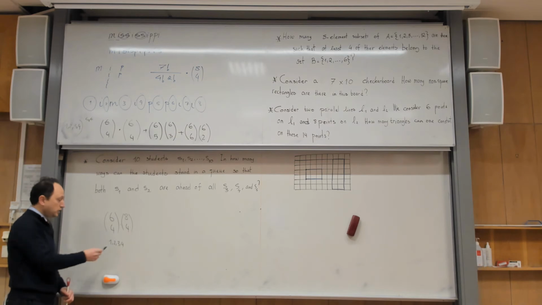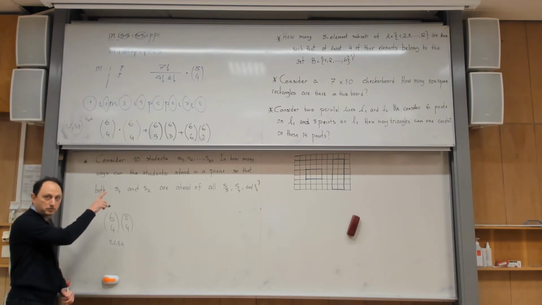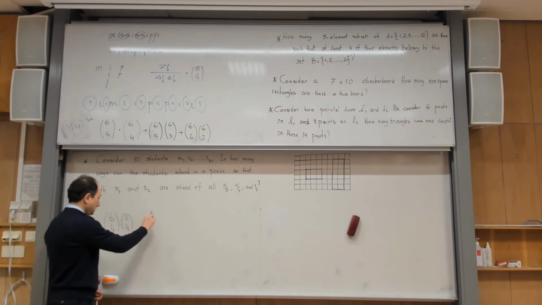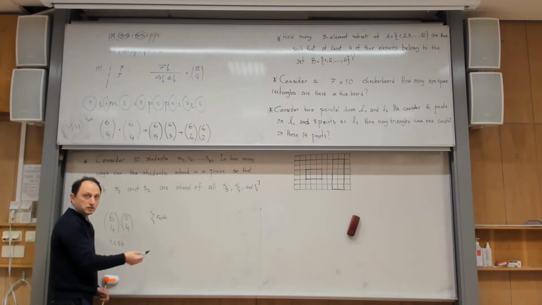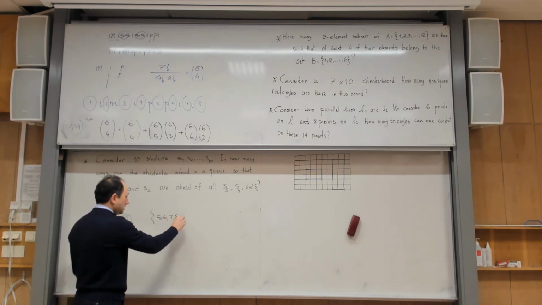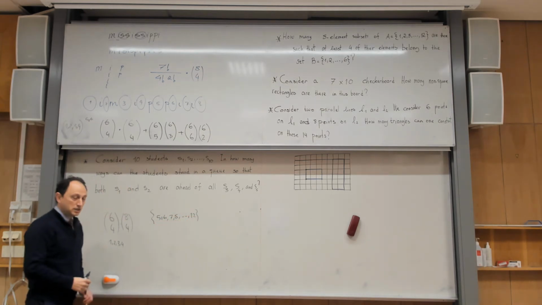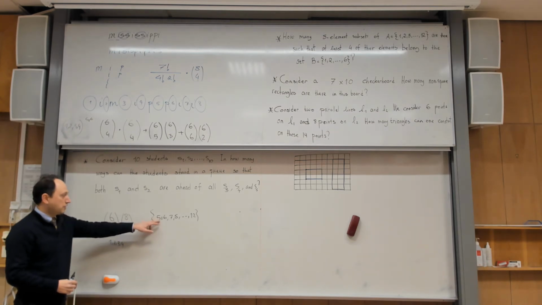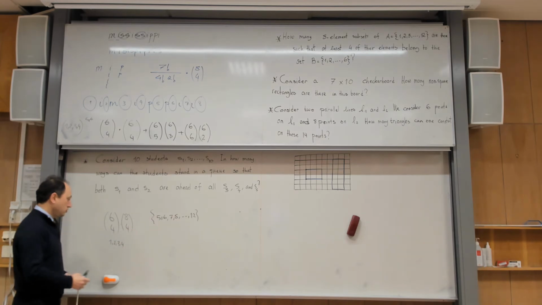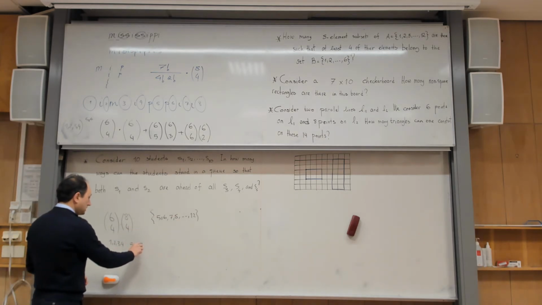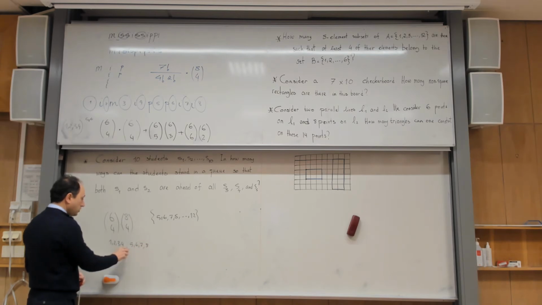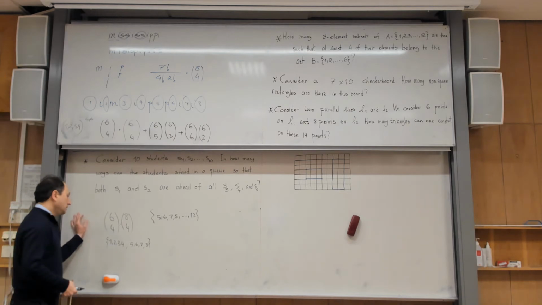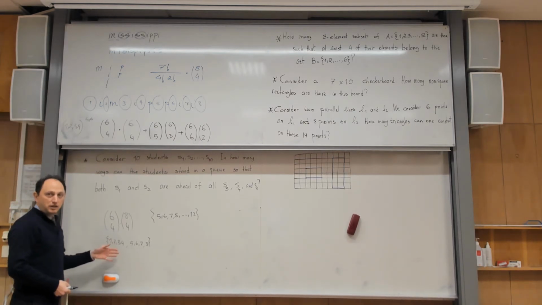But in your head, you are just eliminating these from A. So what are left in A now? 5, 6, 7, 8, 9, up to 12. And then you say that I choose 4 from them. Let us assume that you choose 5, 6, 7, and 8. So you counted this once.